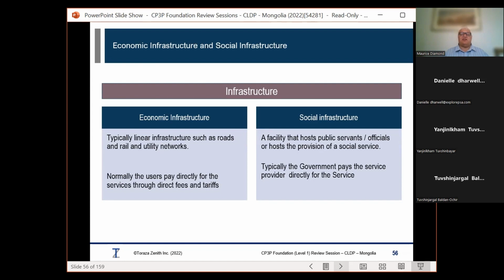Normally the user pays directly for the services through direct fees and tariffs. And then finally, social infrastructure, a facility that hosts public servants, officials, or hosts the provision of a social service. Typically, the government pays the service provider directly for the service.